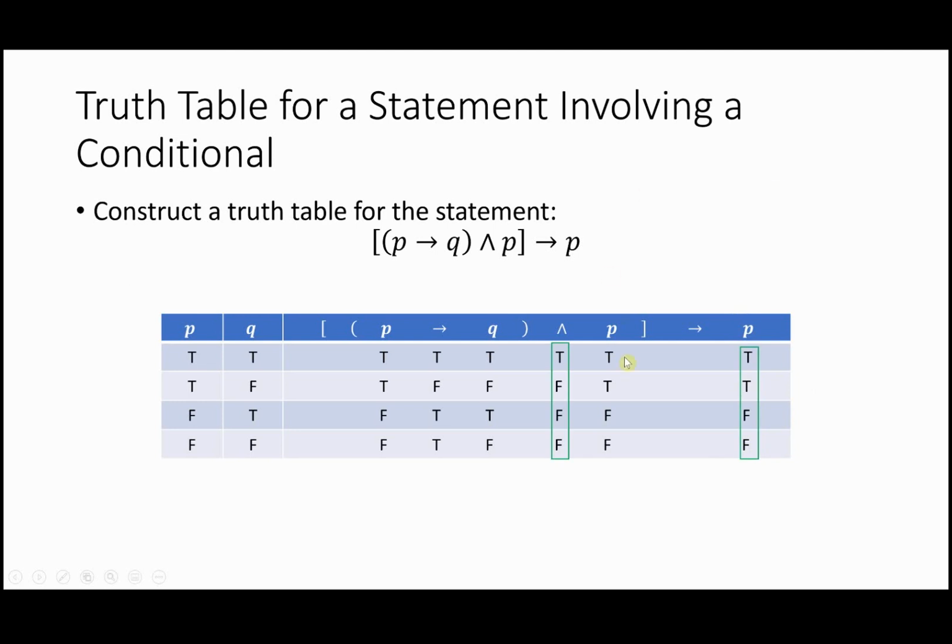Maybe some intermediate boxing might be appropriate to focus on which columns are actually being implemented with the conditional right here. And then say, all right, if I am true to begin with and it's true as the output, then I'm going to be true, right? And then notice all the other antecedents here. They're all false. So automatically it's going to be true, true, true. True's all the way down. What is that? It's a tautology, y'all.